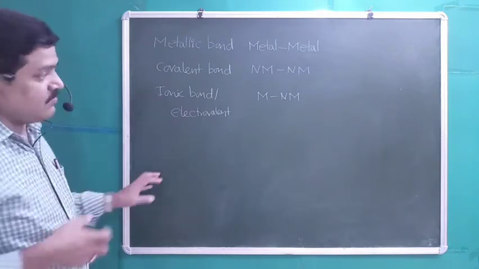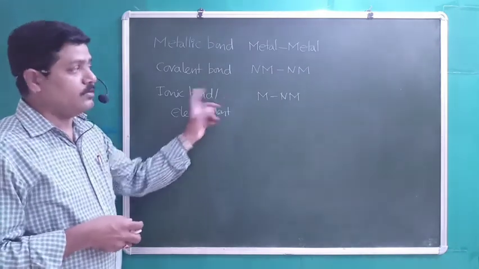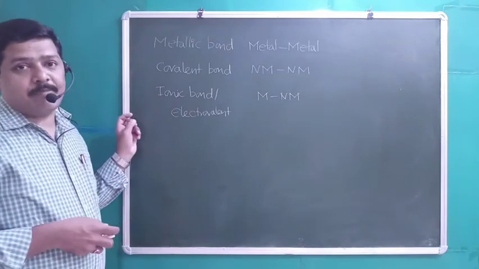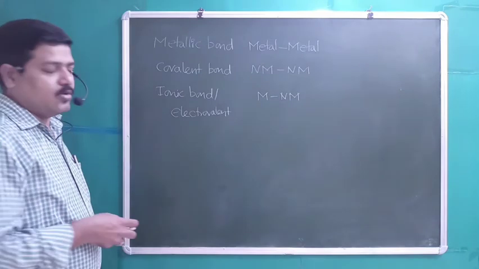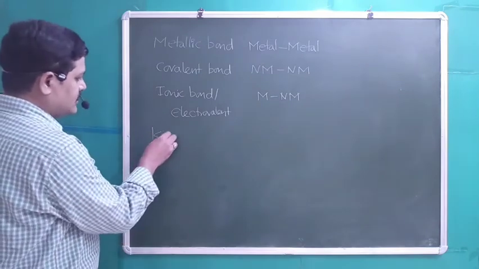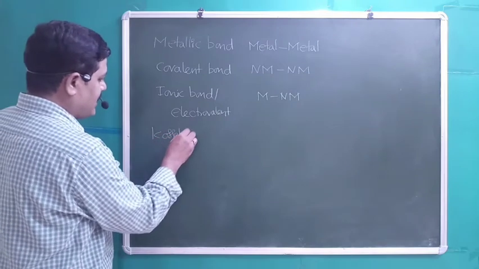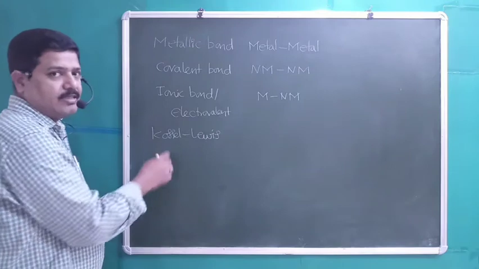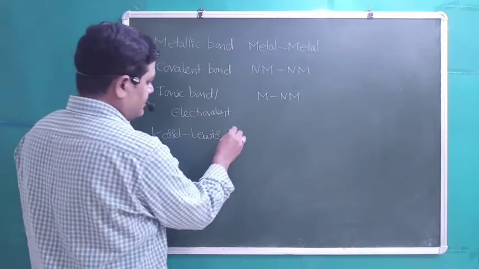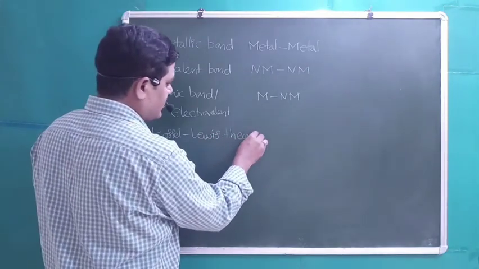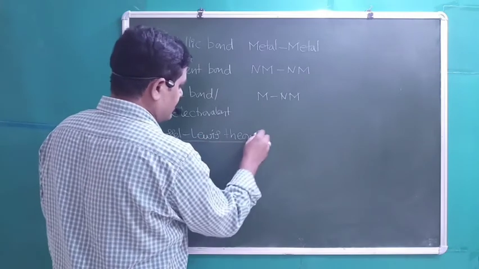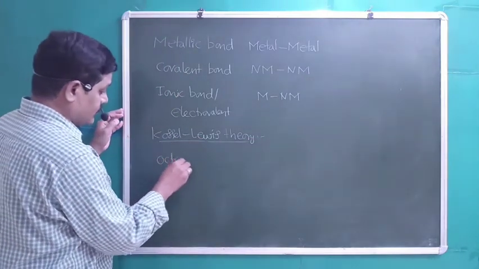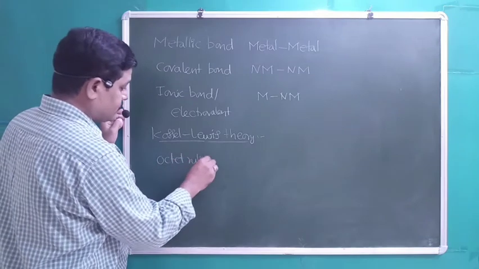The reason why elements combine to form a compound was first explained by Kossel and Lewis, two scientists who simultaneously gave their theories independently, which is known as the Kossel-Lewis theory. But here we will learn mainly about the octet rule.